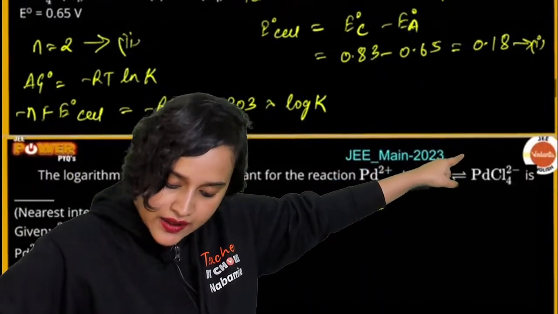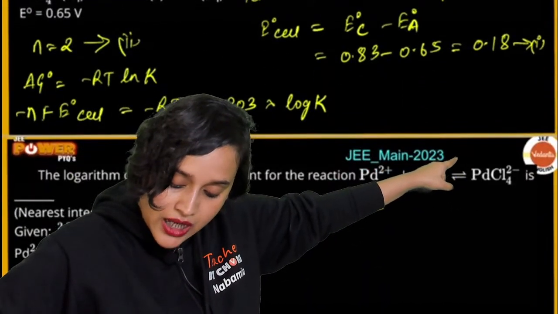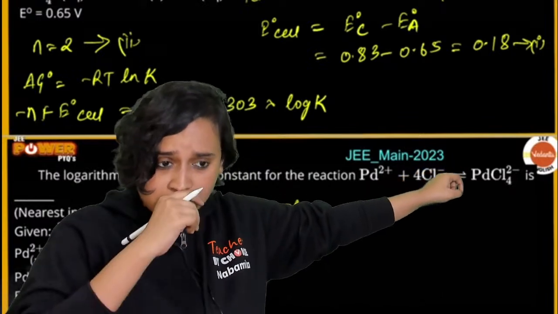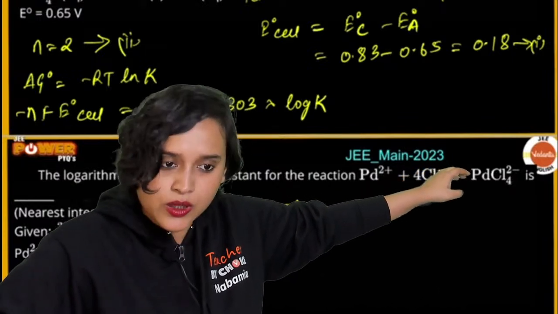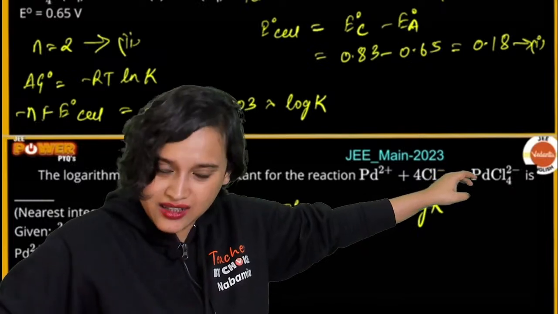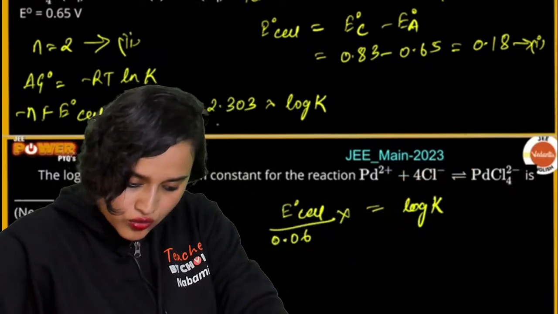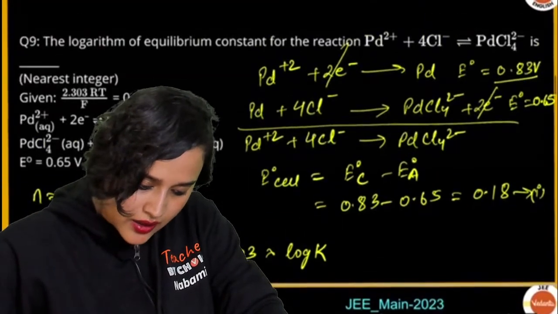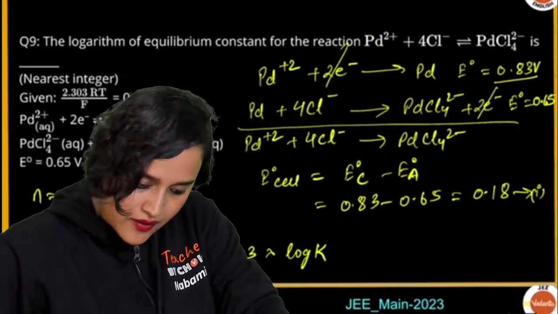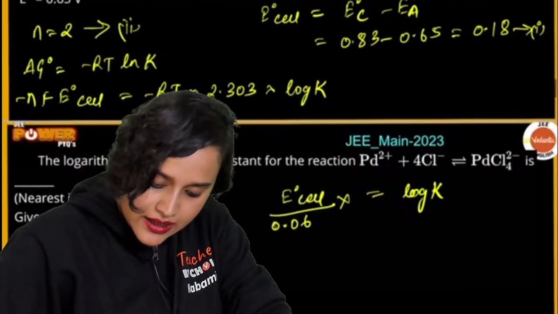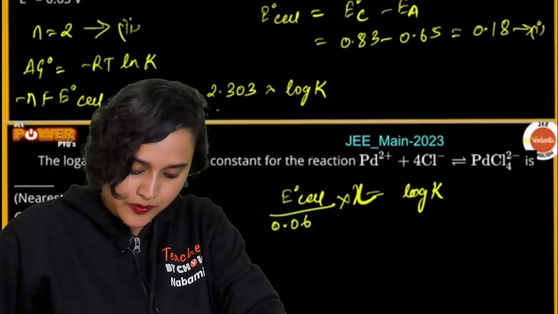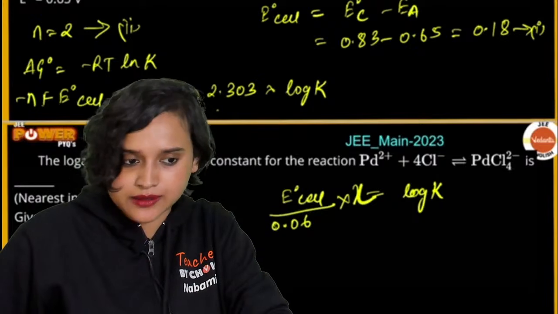So I can write it as E naught cell divided by 0.06 is equal to log K here. And here, what do we not know? We do not know something, right? Let us consider that to be x here. Now can we calculate?